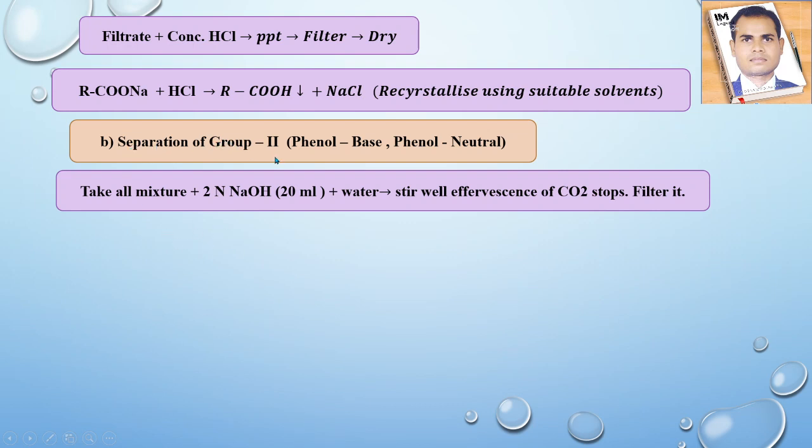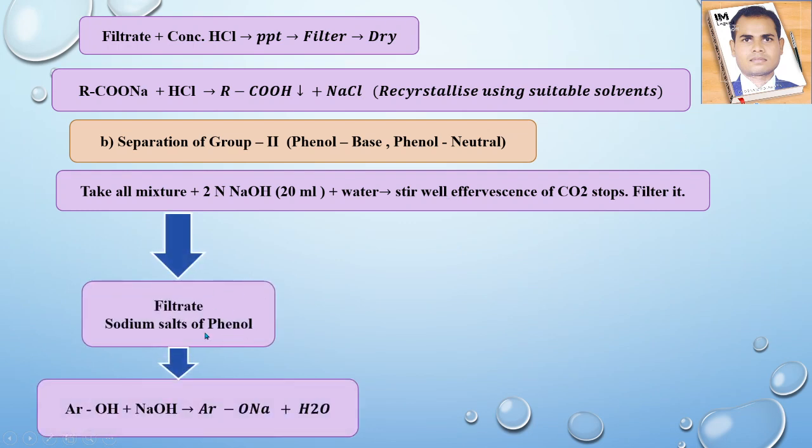You can take all the mixture and add 2 normal NaOH, it may be 20 ml, and add water into that. Stir well until the effervescence of CO2 stops, and filter it. After filtration, that filtrate will contain the sodium salt of phenol.